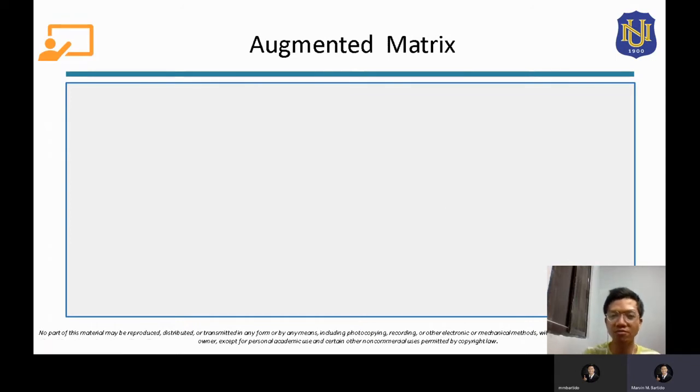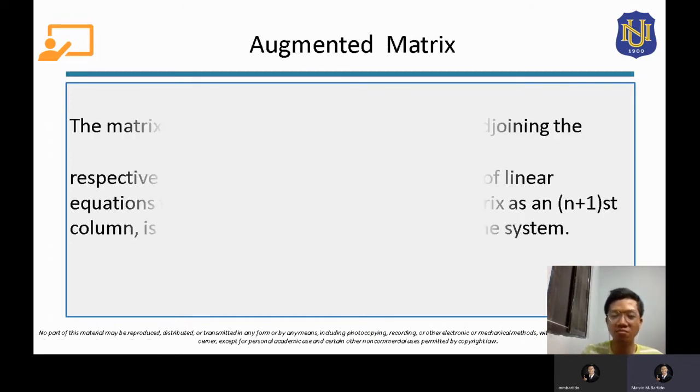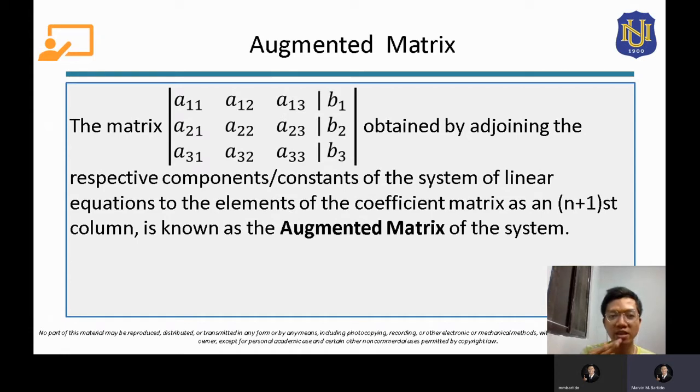Also we have here what is called the augmented matrix. The matrix obtained by adjoining the respective constants of the system of linear equations to the elements of the coefficient matrix as an n plus 1 first column is known as the augmented matrix of the system.